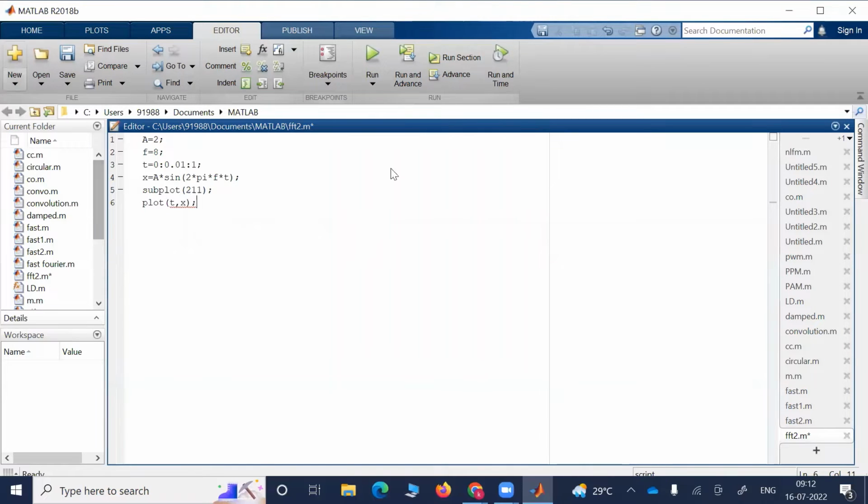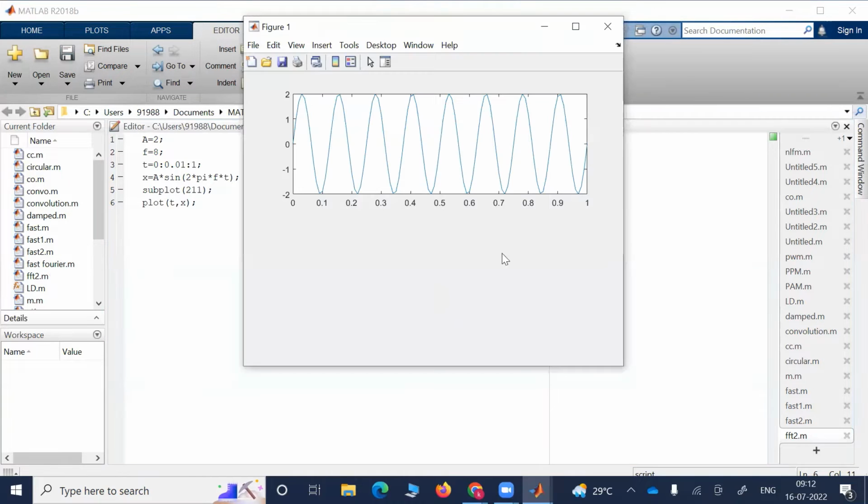So save the program and run. So this is the sinusoidal signal. On the x-axis we have the time period, from 0 to 1 that we have considered, and this is the sinusoidal signal we have considered for the program.